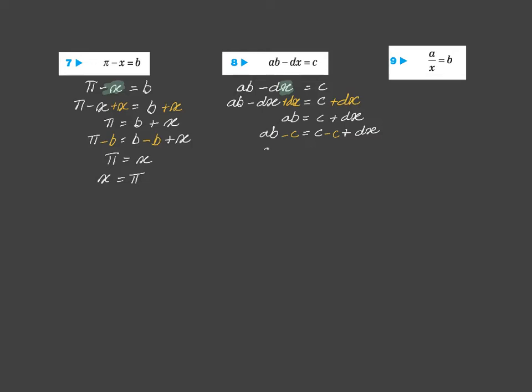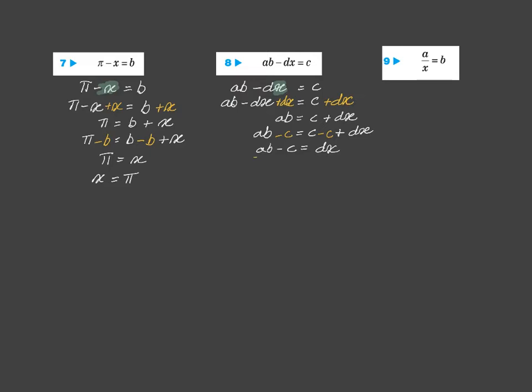On the left we have ab minus c, and on the right c minus c is 0, so we just have dx. Now we need to divide by the d to isolate the x, and so we're going to have to divide both of these terms by d as well. On the left, it's ab over d minus c over d is equal to dx over d.